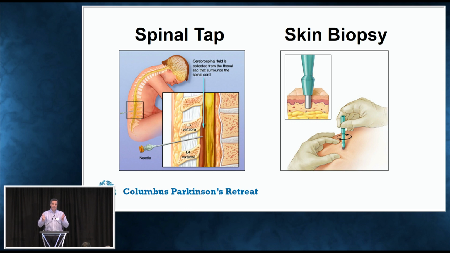So the idea is maybe well before the clinical onset, and by the way, we think Parkinson's is going on in the brain for 5, 10, 15, maybe 20 years before a person develops tremor, stiffness, slowness. So the idea is we can collect a biological sample pre-symptomatically, and diagnose even before the dopamine transporter scan is positive.